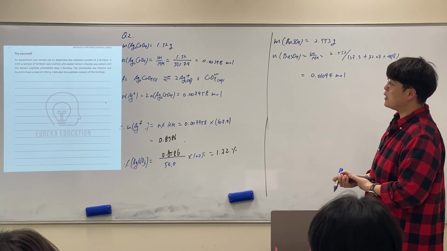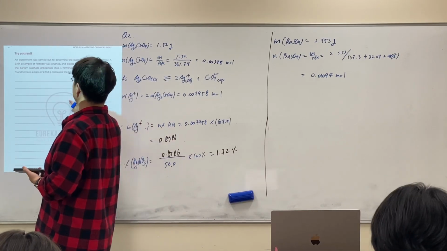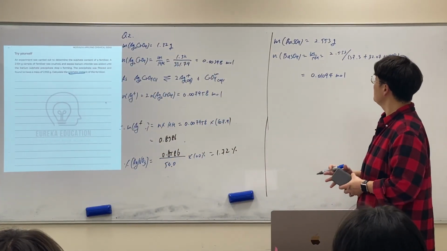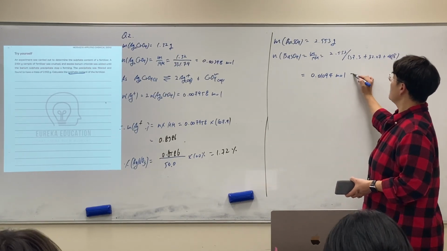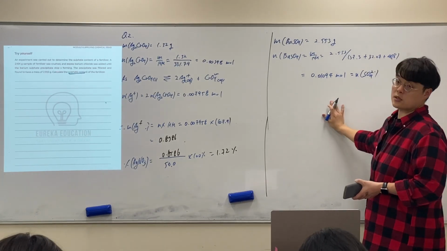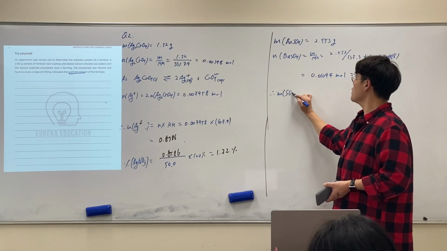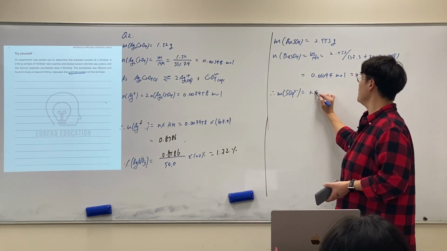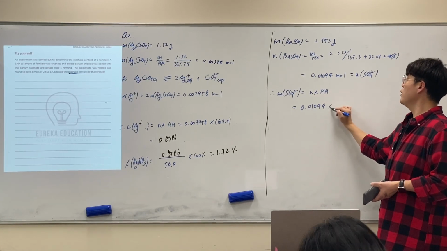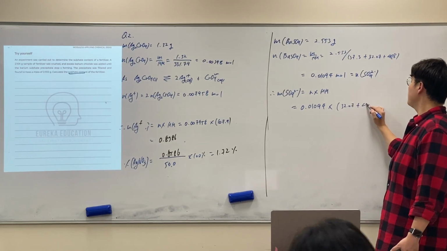Okay, so what are we interested in? We want to calculate the sulfate contents, how much sulfate is in there, or in terms of percentage. So we can say this is the same as the n of the SO4 2-, sulfate. Therefore, the m of the sulfate, SO4 2-, can be found by n times the molar mass, which is 0.01094 times the molar mass of this, so 32.07 plus 4 times 16.